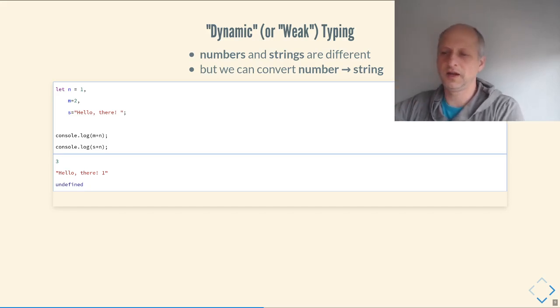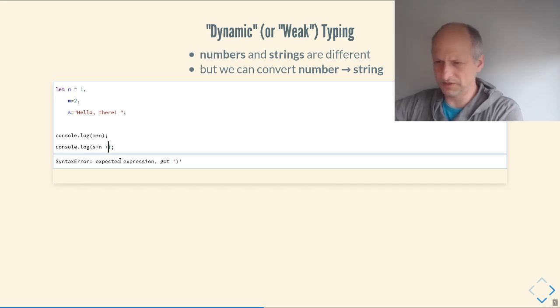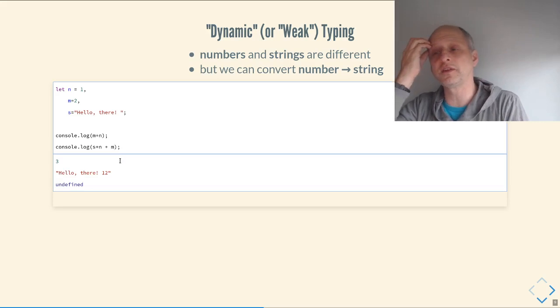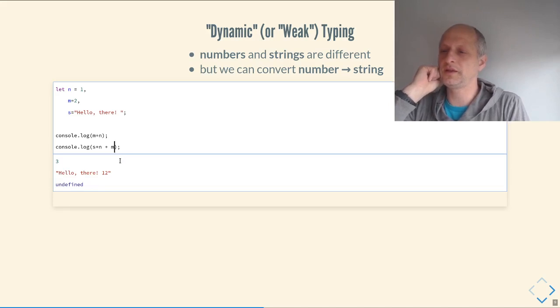If I do it with a string, then JavaScript will also be smart and squish the string representations of these different variables together. But if I try to add the two numbers together after the string, then we'll see what I get: hello there 1 2, and that might be what I wanted, but probably it's not.